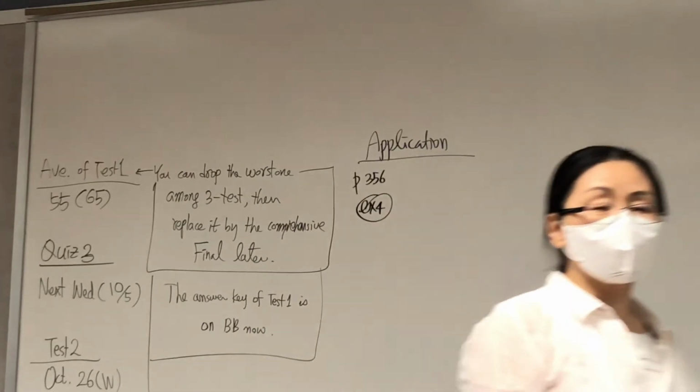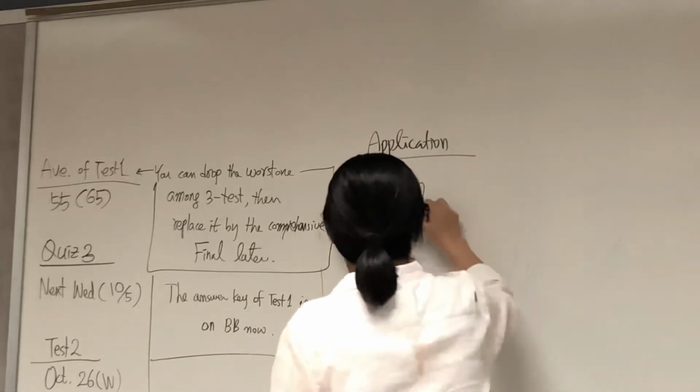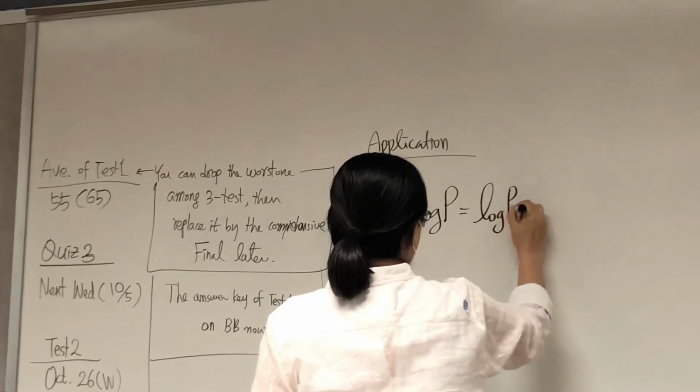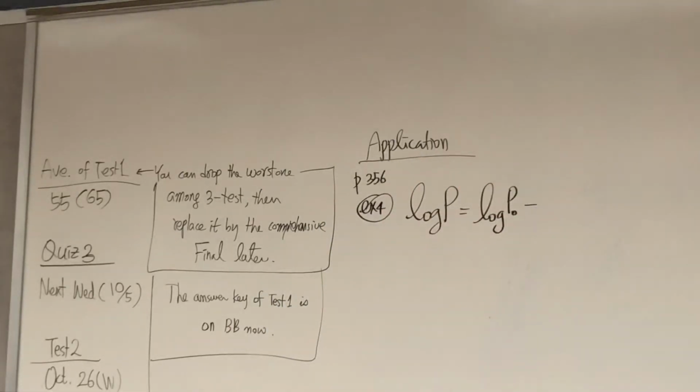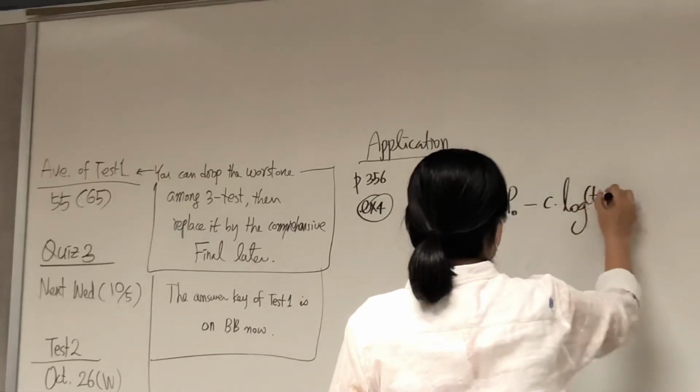So how can we use this function? If a task is learned at a performance level P sub 0, and then after a time interval t, the performance level P is represented by log P = log P sub 0 minus C times log(t + 1) plus 1.